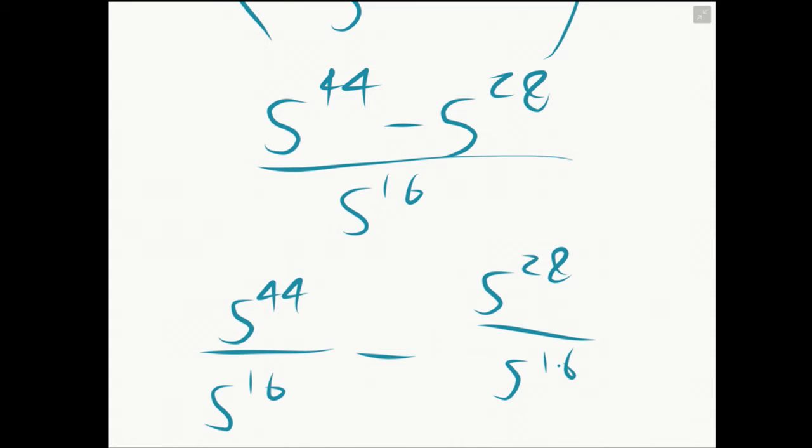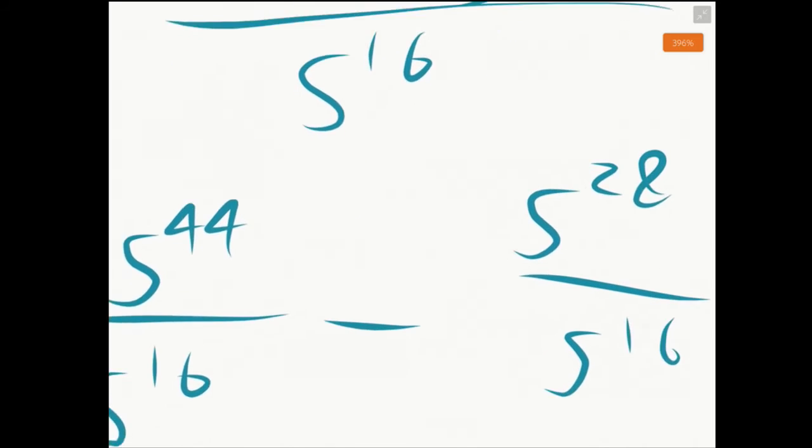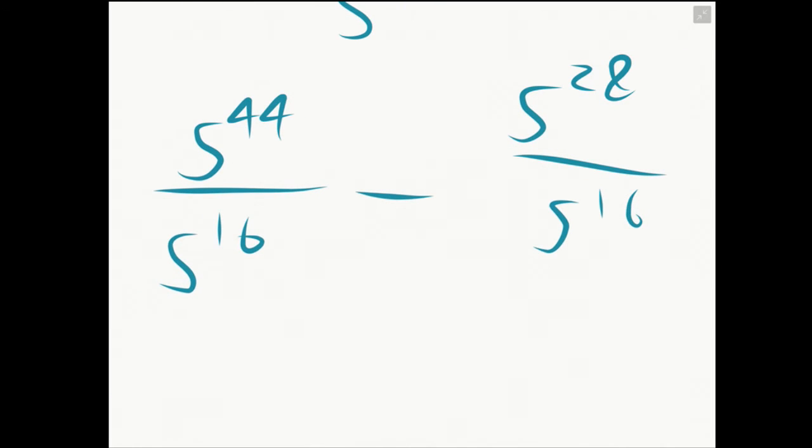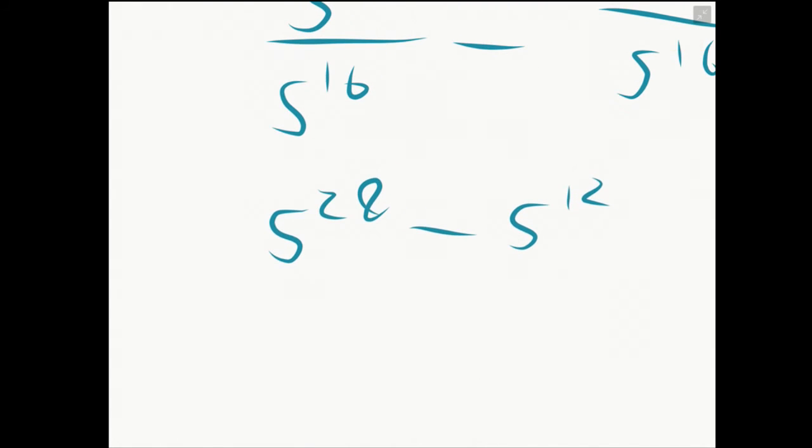And notice, it's not 1 times 6, it's 16. Quite a big difference there. Anyway, notice we have division of powers with the same base, which is subtraction of their exponents. So in this case, we get S to the power of 28 minus S to the power of 12. Okay. And that's as far as we're going to go.